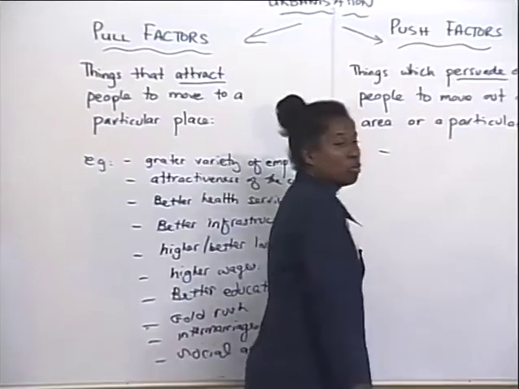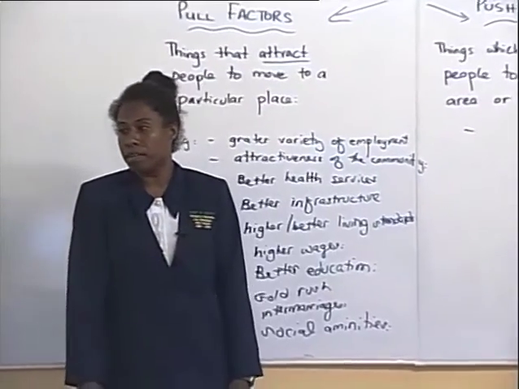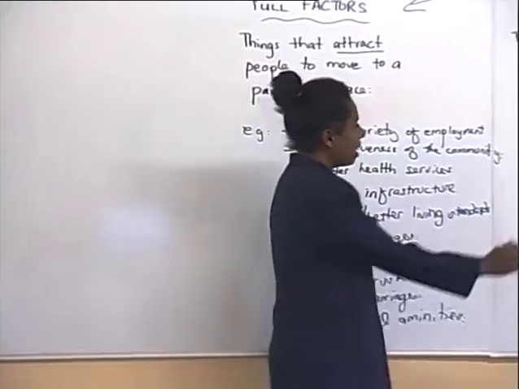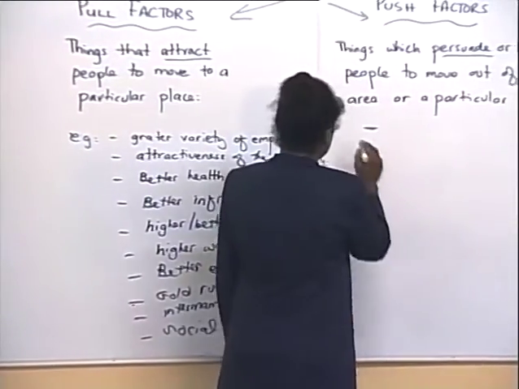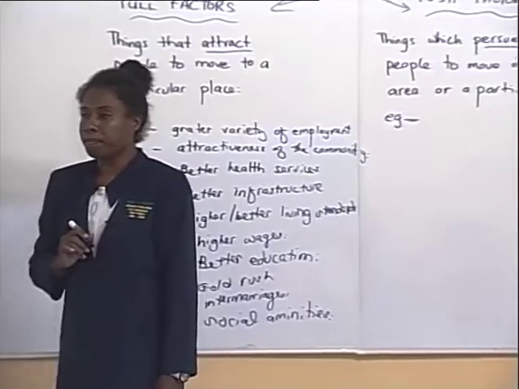Good. We move on now to looking at examples of push factors. Okay, Elsie will give us an example now of push factors. At least one example of a push factor.